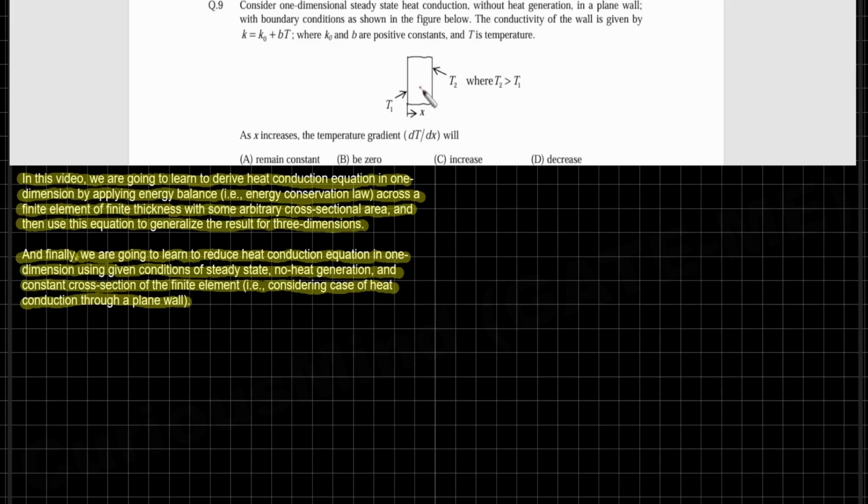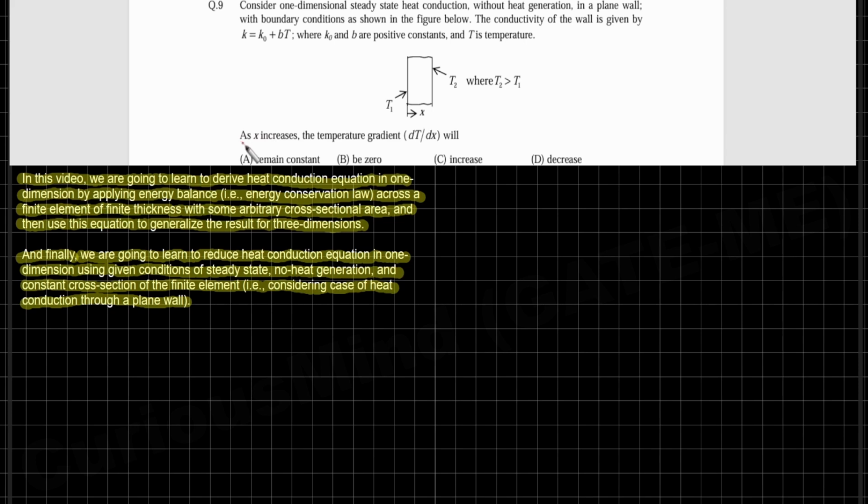Also, the temperature on the left side of the wall is T1 and on the right side of the wall is T2, with T2 greater than T1. Let's proceed further. The conductivity of the wall is given by this expression, where K0 and B are positive constants and T is the temperature.